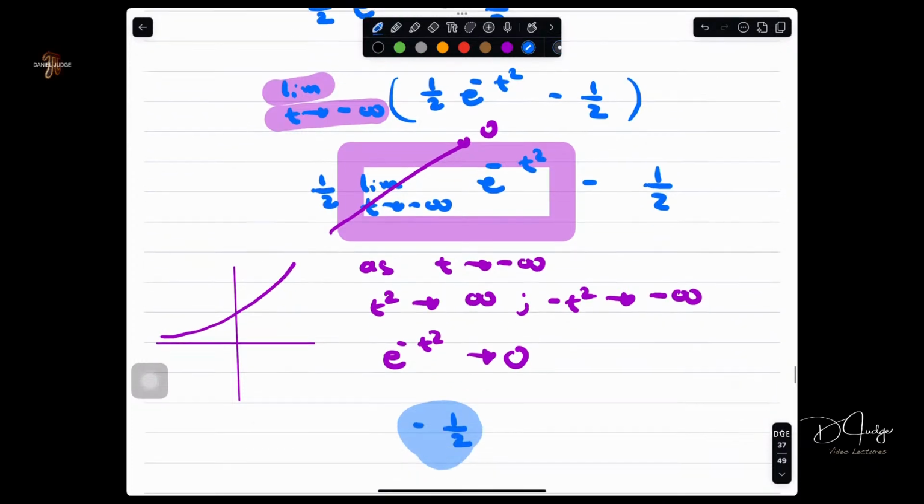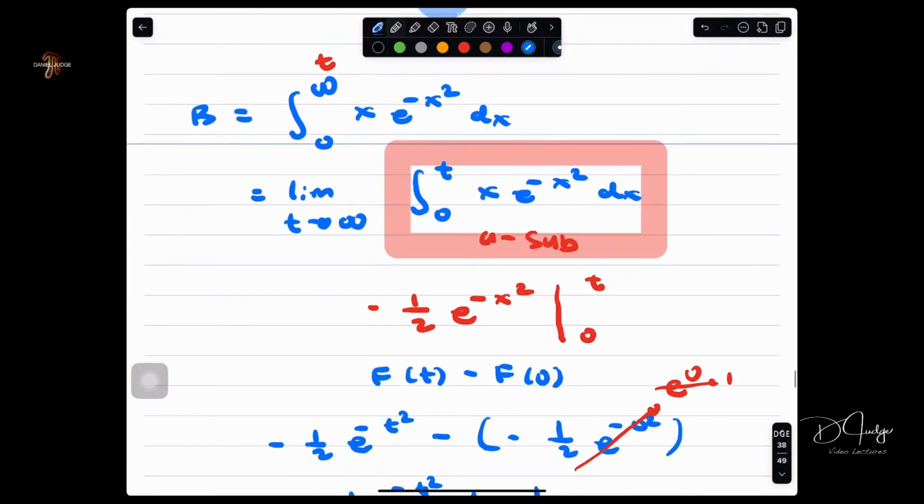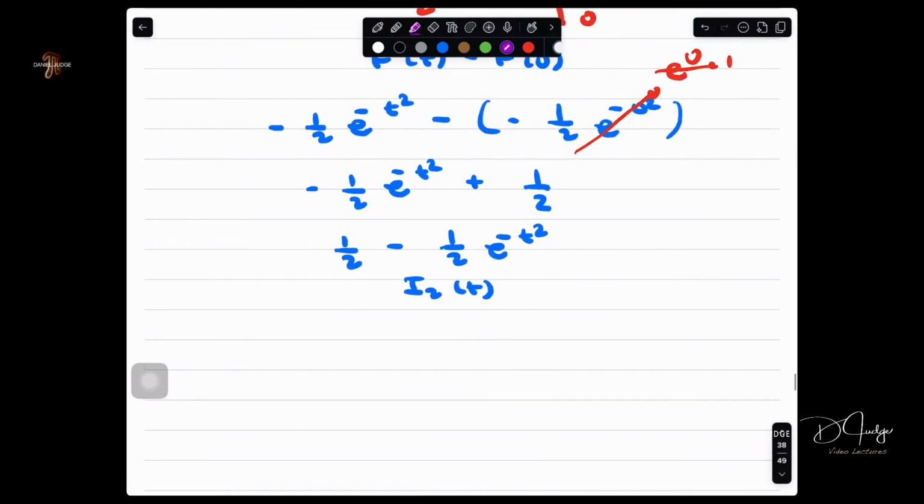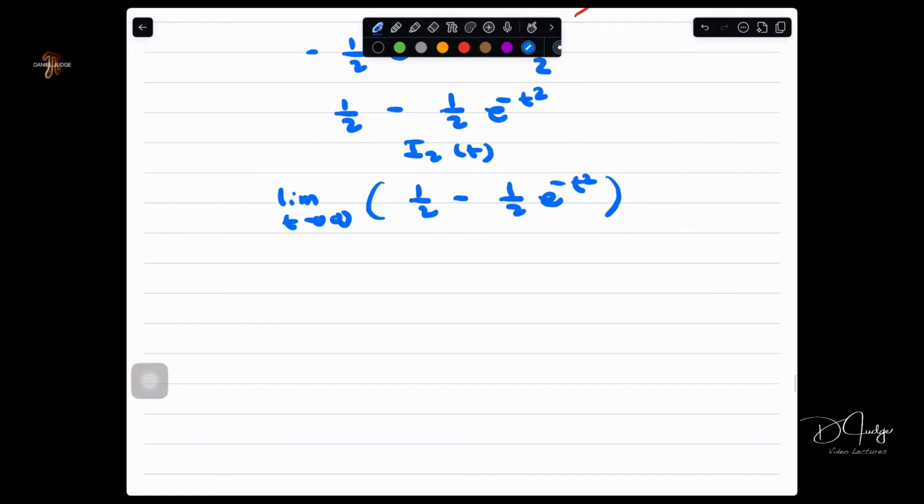We have to take the limit of this. And this is now the limit as t goes to infinity. So t is going to infinity here now. So let's apply the limit. Limit as t goes to infinity of 1/2 minus 1/2 e to the minus t squared. By properties of limits, we get 1/2 minus 1/2 times the limit as t goes to infinity of e to the minus t squared.